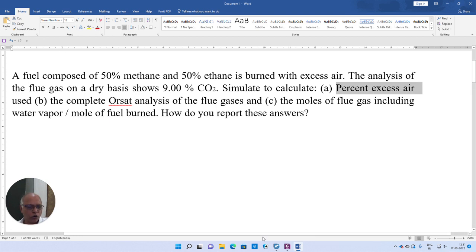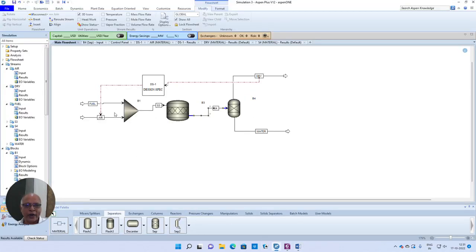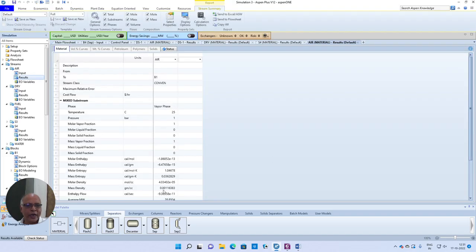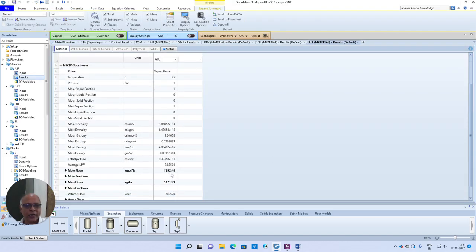You will be able to note down the actual air supplied. We already have this value. So the actual air supplied is 1792, but the theoretical air required is something like 375 divided by 0.21. So we will be able to calculate the percent excess air.